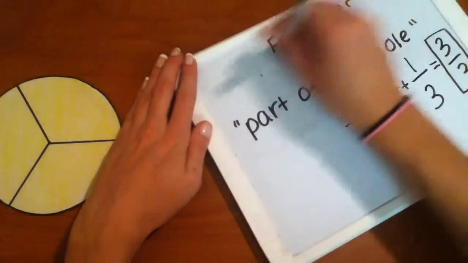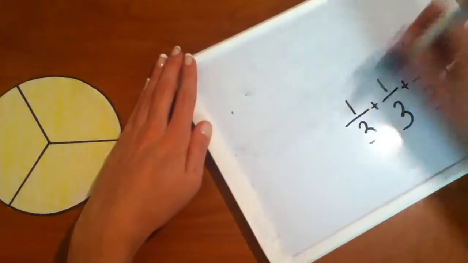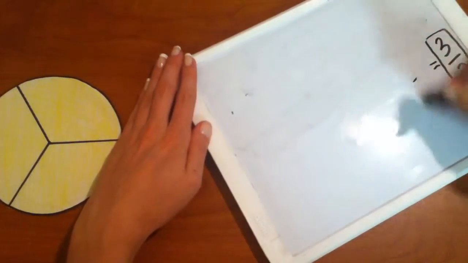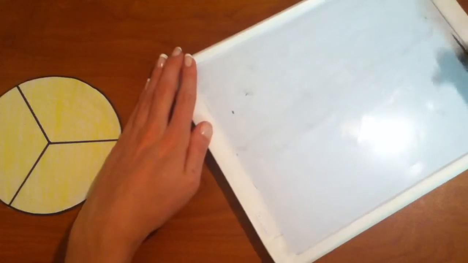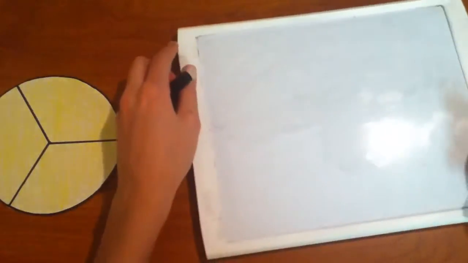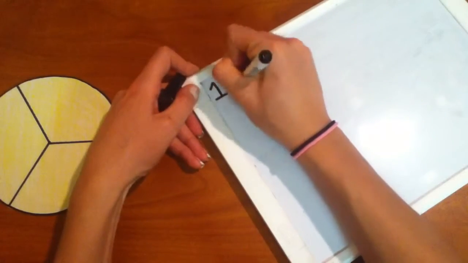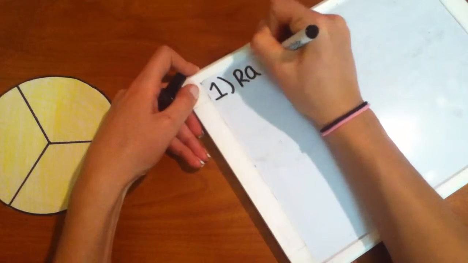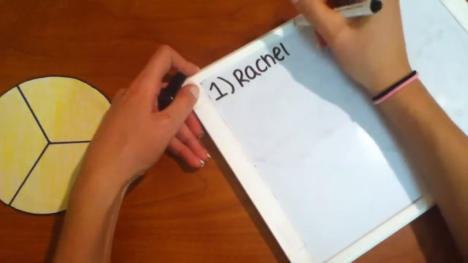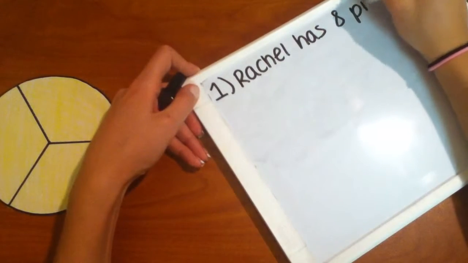The first method that we're going to use is called an area model. So first I'm just going to write down the problem, introduce it, and then we'll take a look at what an area model is. So for our word problem, Rachel has 8 pieces of candy.